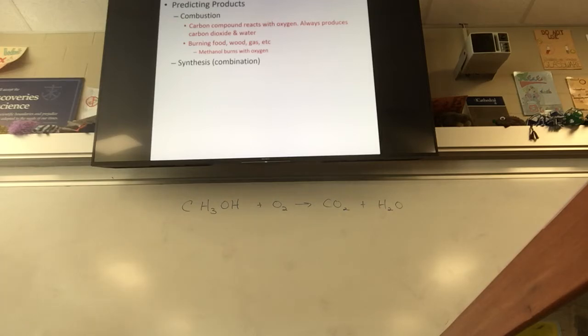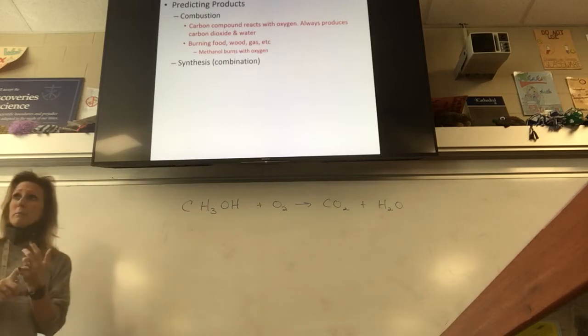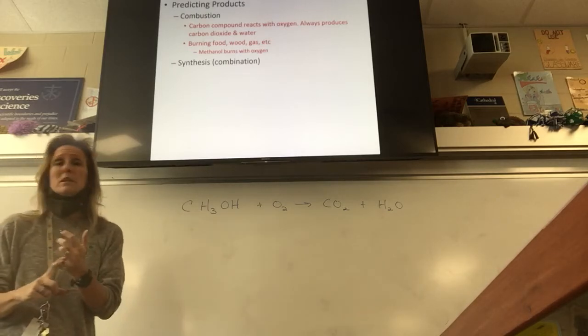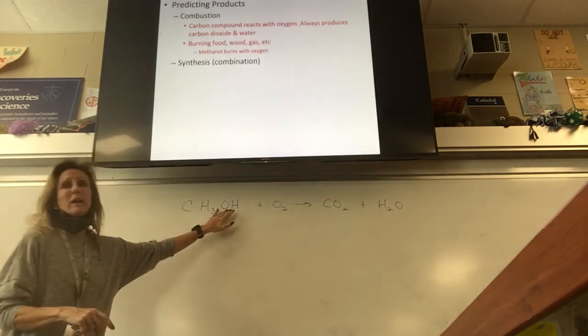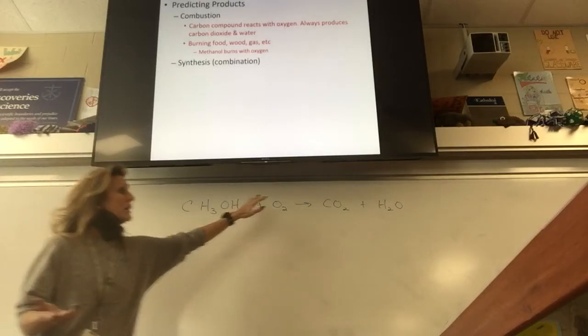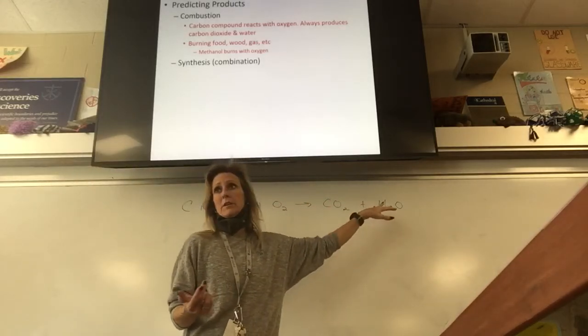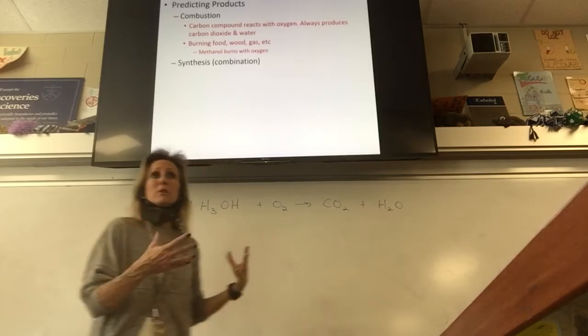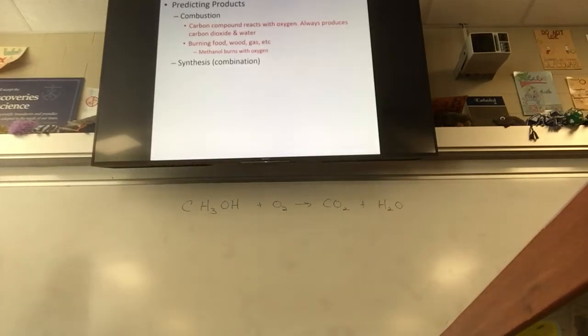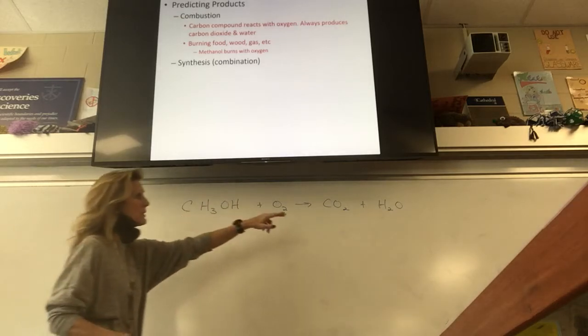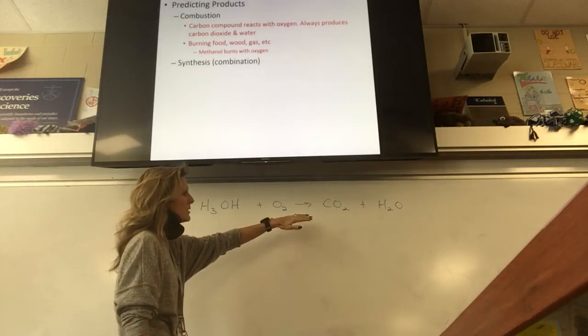And then in terms of balancing, with combustion reactions, we don't have any metals. Now here with this alcohol, we have a hydroxide group, but we don't have hydroxide over here. So you're going to balance those elements individually. So we'll start first with the carbons, because again, we always want to save the hydrogens and oxygens for last.